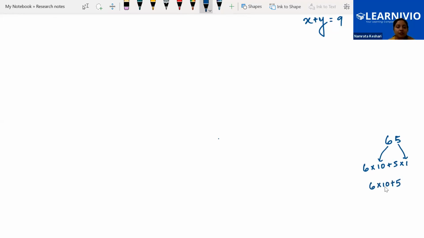Let's say we have 32. In expanded form, can we write it as 3 into 10 plus 2? Yeah. If we have 23, in expanded form, can we write it as 2 into 10 plus 3? Yes.